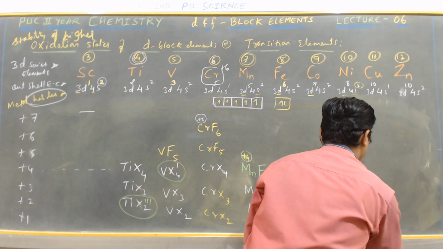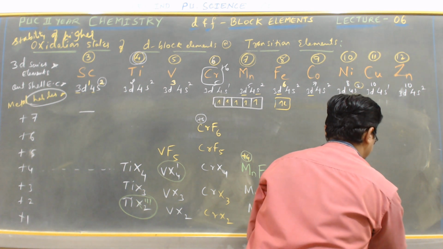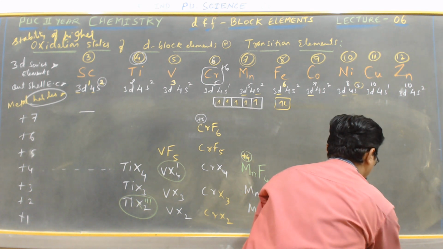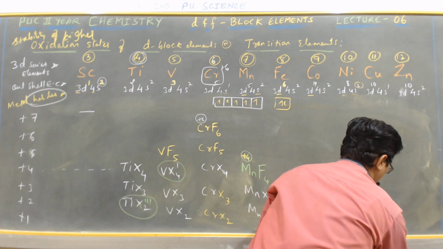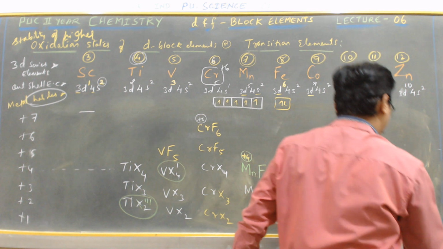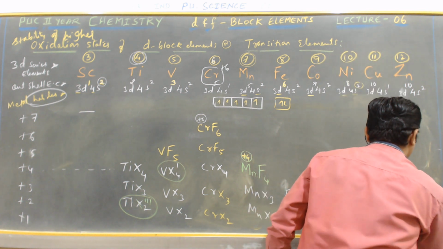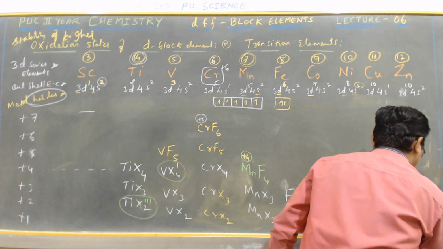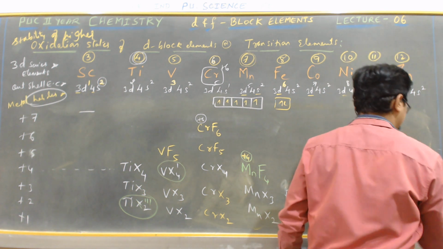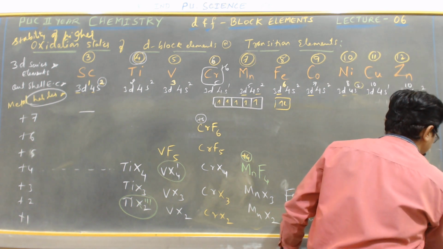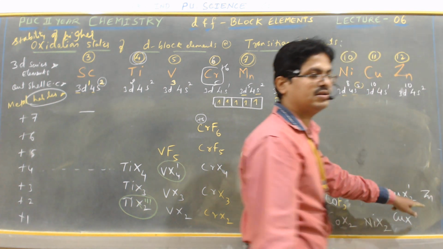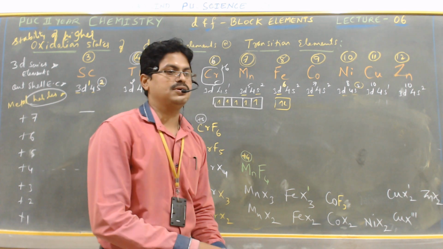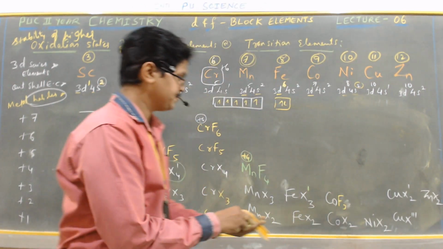NiX2 is stable. Even nickel forms up to plus 4, only NiX2 is stable. Copper also same. CuX2 dash, CuX triple dash. Zinc, Zn, is it visible or not? ZnX2, ZnX2. Okay, dear friends, look at here.